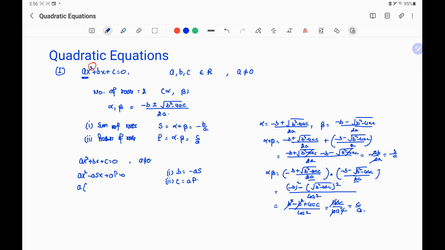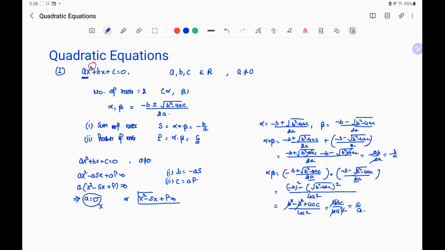A is common, so it is taken out, so we have a into x square minus sx plus p equal to 0. This implies that a equal to 0, or x square minus sx plus p equal to 0. This a equal to 0 is not allowed, because we have already mentioned that the coefficient of x square, which is a, cannot be 0 for the equation to be quadratic. Therefore, the only possible solution is x square minus sx plus p equal to 0.